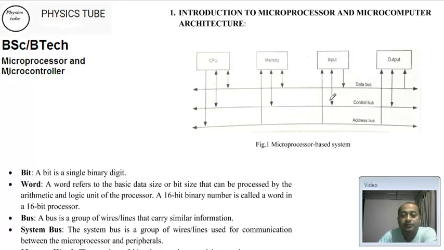From input it should come to control bus, and maybe some other interrupt occurs in your system, so control bus has to give it to input: don't give any more input. Or same with the output, it will give an interrupt to output: stop now, my function is not over yet. Same with memory, we have the same story with memory, and we have the same story with CPU.